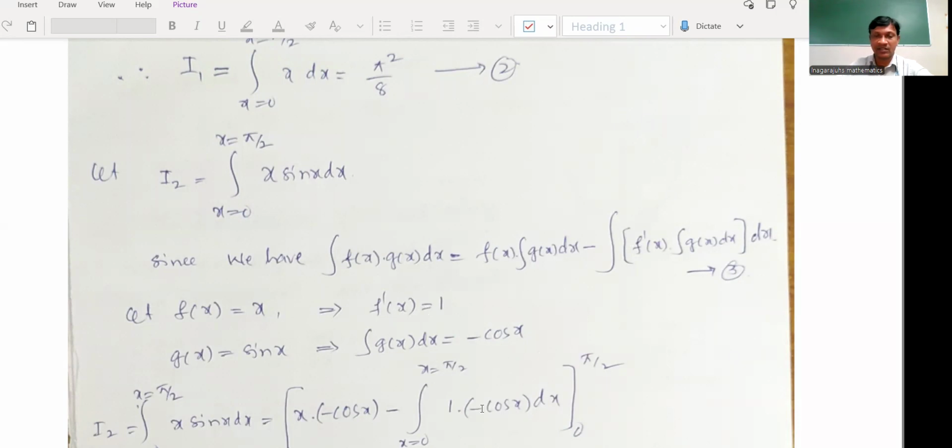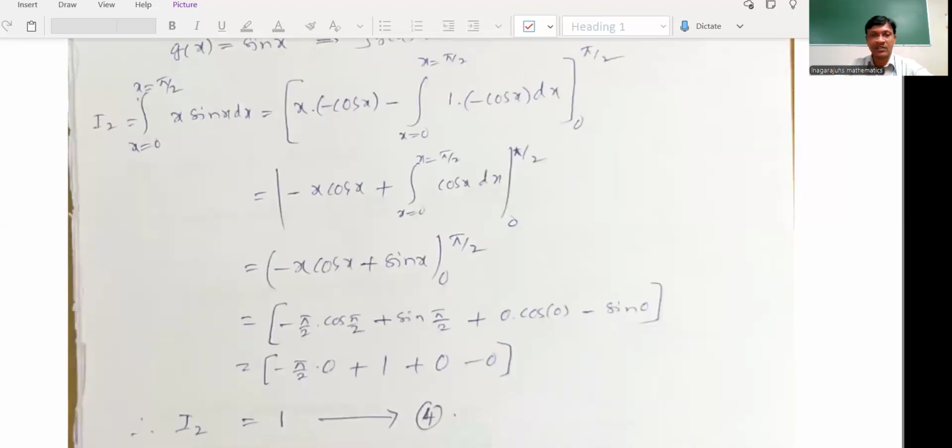Here minus into minus gives plus. So this is equal to minus x cos x from the above step, plus integral x = 0 to pi by 2 of cos x dx. Integration of cos x is sin x, with limits 0 to pi by 2.